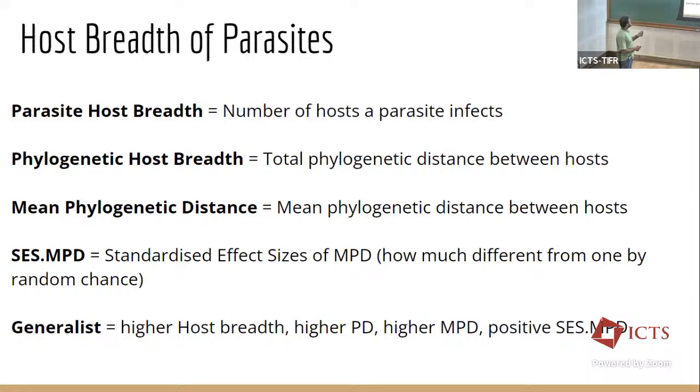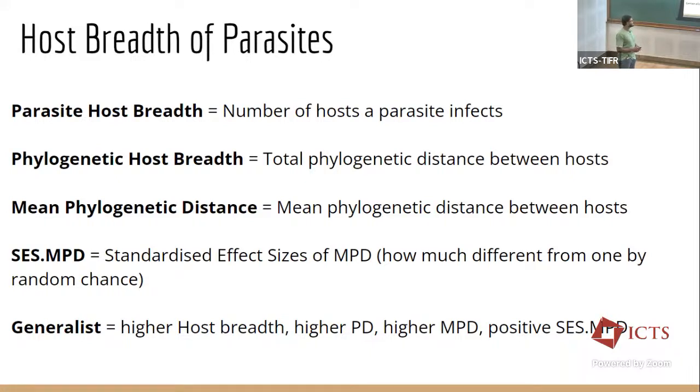The other way of looking at it is mean phylogenetic distance. Instead of adding it up, I just look at the mean. It is going to act in a very similar way, because if it is infecting a pigeon, a woodpecker, a myna, and a sparrow, then it will give me a higher mean phylogenetic distance of the hosts that it infects.